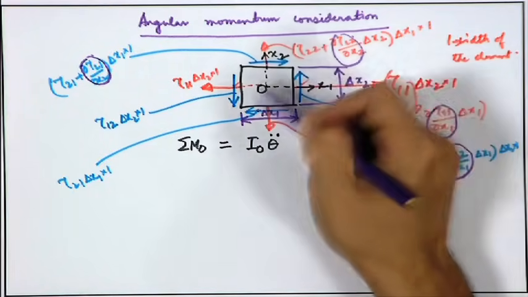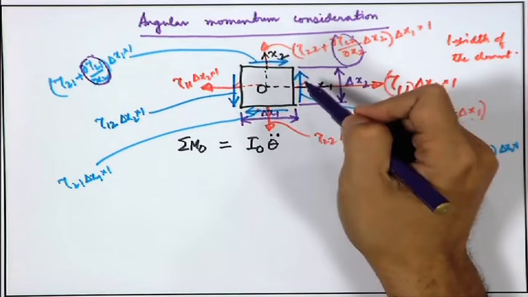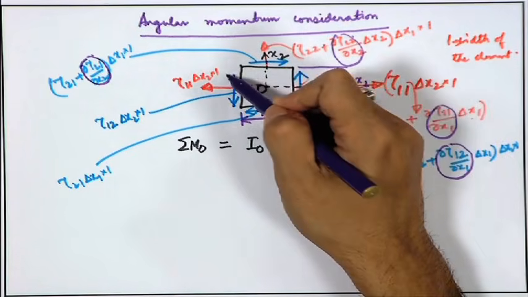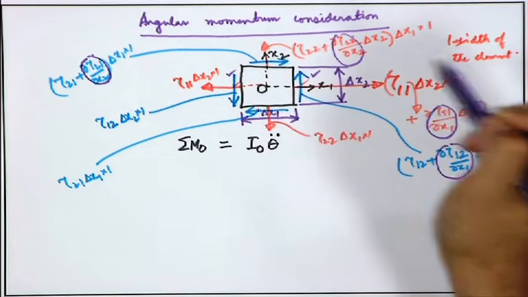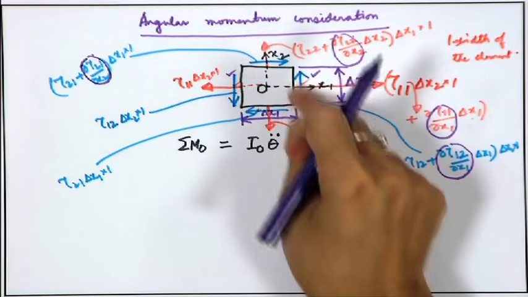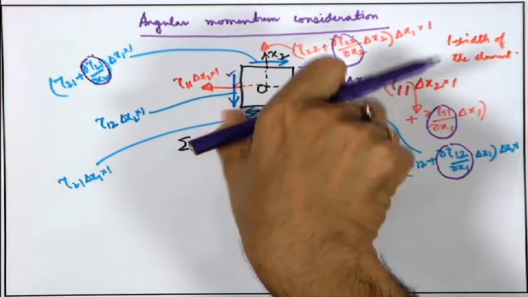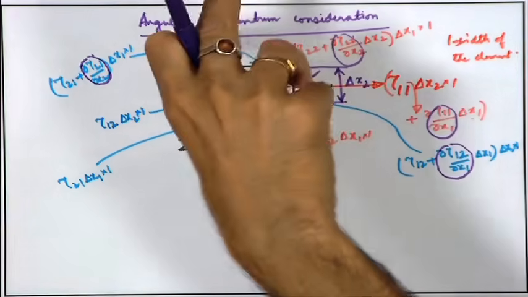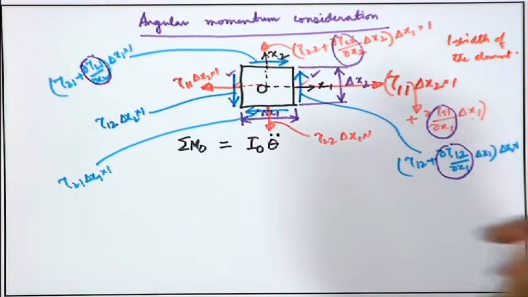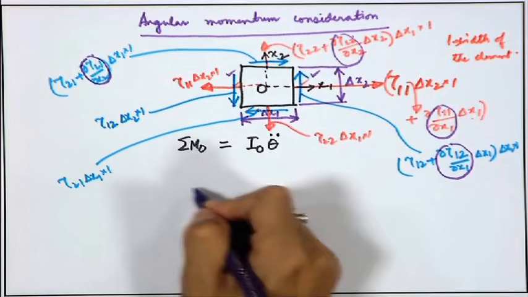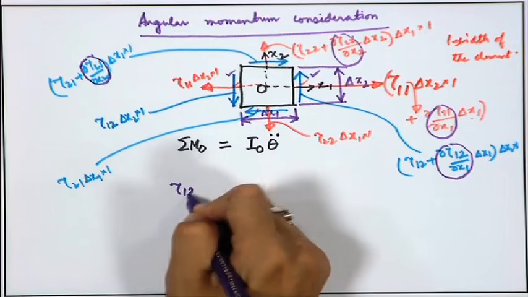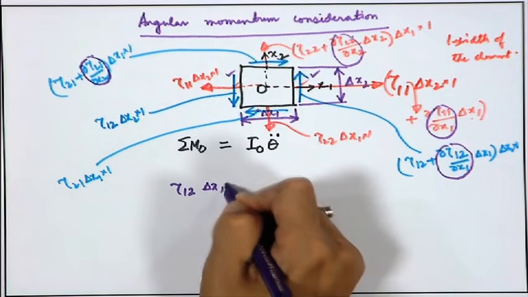So, they will form a couple. So, the couple moment of these two forces, what is that, clockwise or anti-clockwise, you see this force is upward and this force is downward. So, this is creating an anti-clockwise moment. So, this is a positive moment. So, this is tau 12 into delta x1 into delta x2.